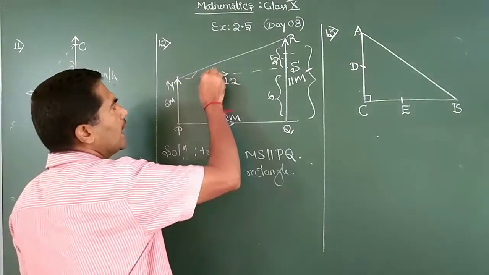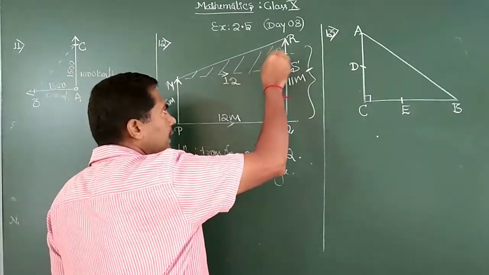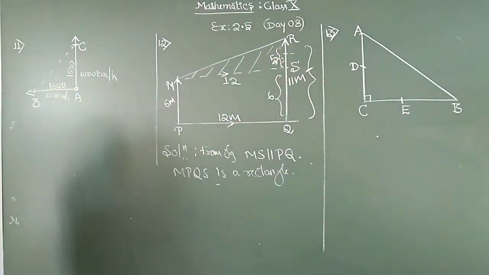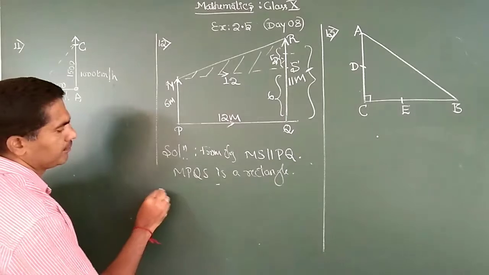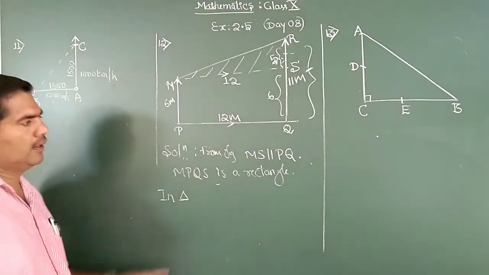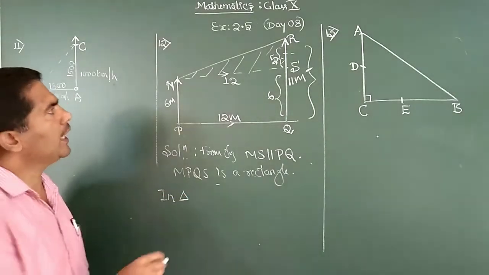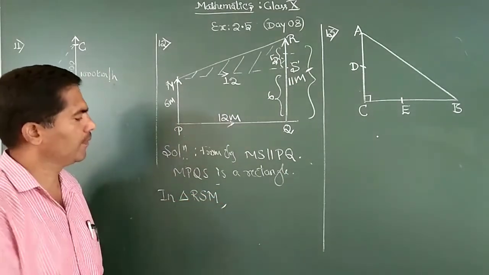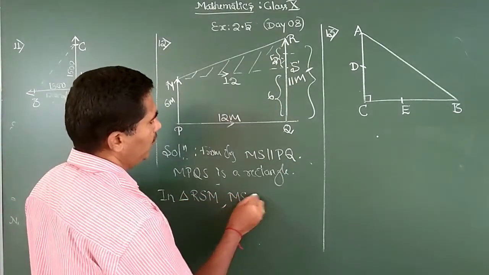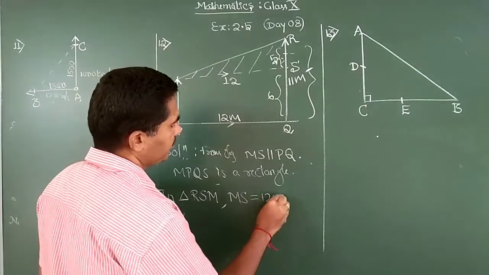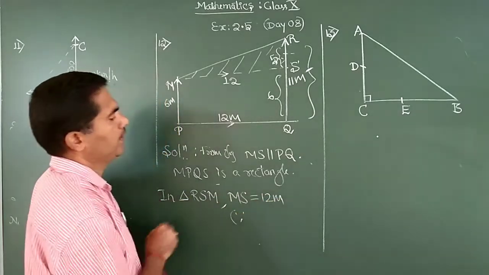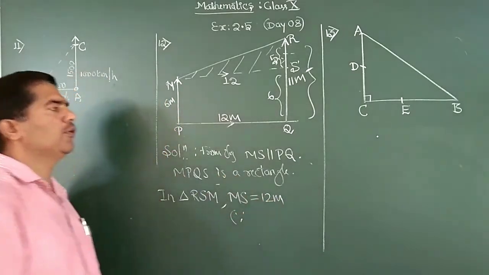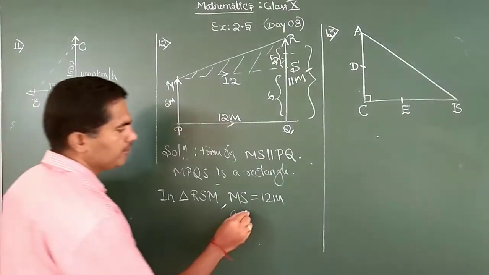Now observe the triangle. Then write in triangle. Again, I will not be writing all the steps. In triangle RSM, MS equals 12 meters, since MPQS is a rectangle.